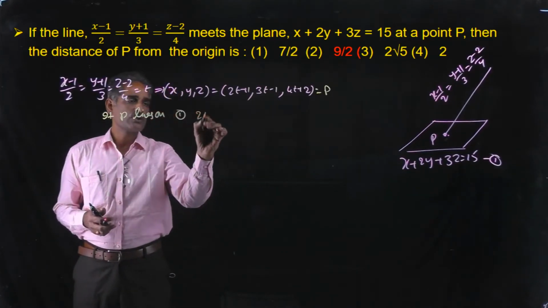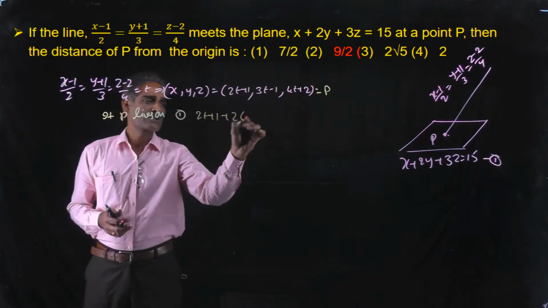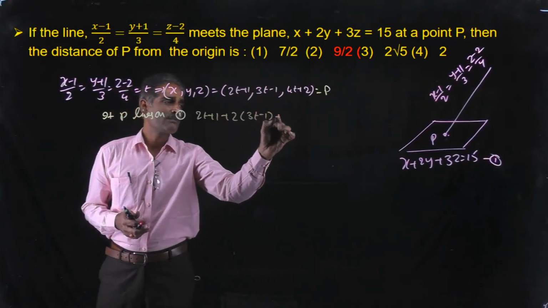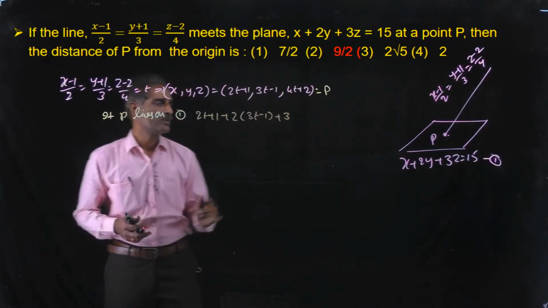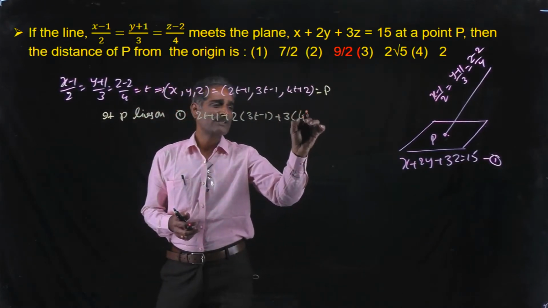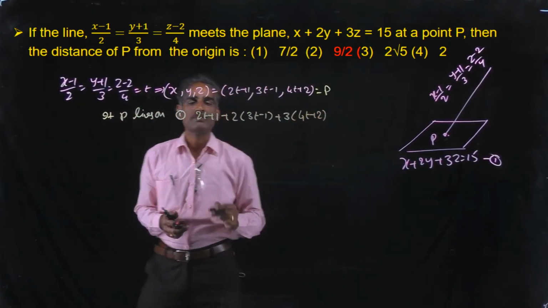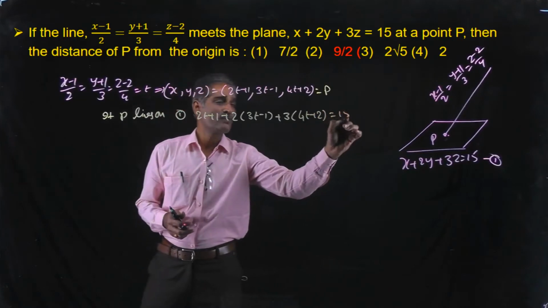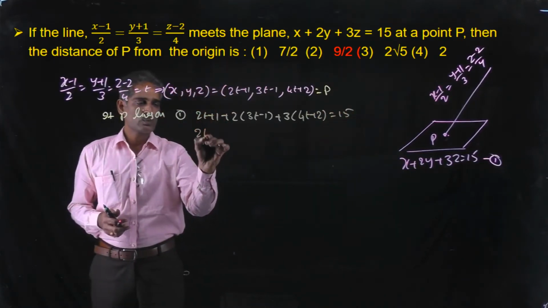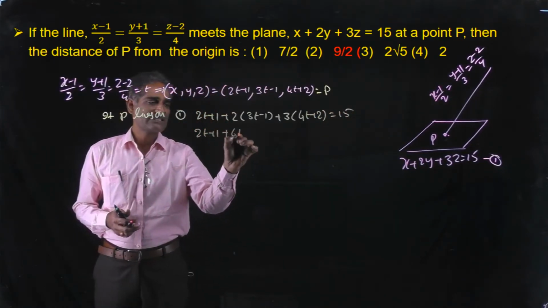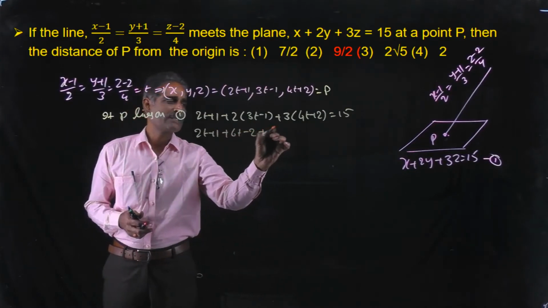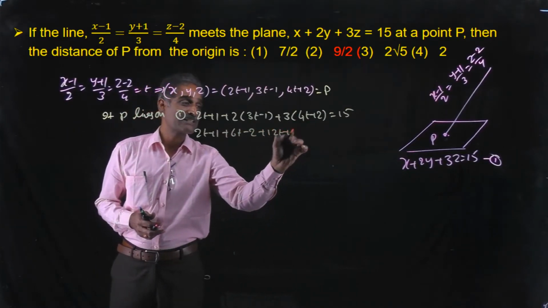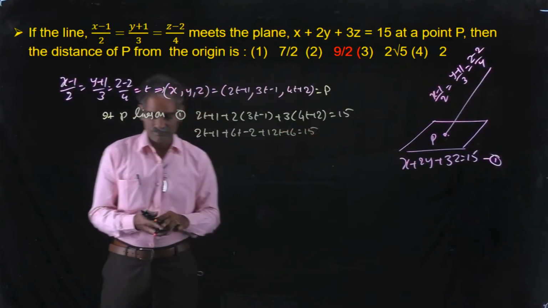So that means (2t plus 1) plus 2 into (3t minus 1) plus 3 into (4t plus 2) is equal to 15. 2t plus 1 plus 6t minus 2 plus 12t plus 6 equal to 15.